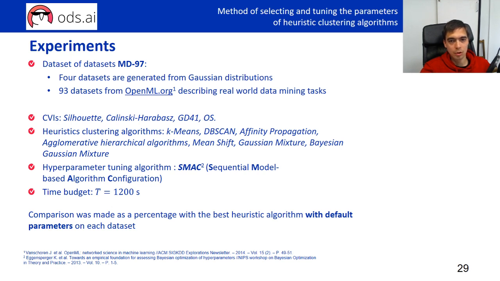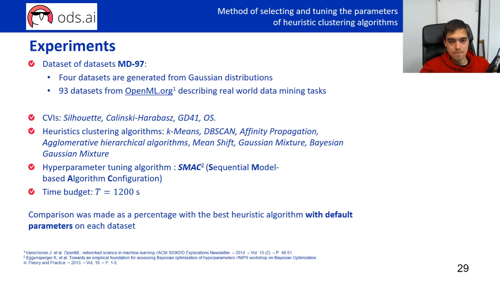The 4 quality measures mentioned earlier were used for the assessment. We also used 7 heuristic clustering algorithms that are listed on the slide. As the hyperparameter tuning algorithm, we chose the SMAC algorithm, that is, sequential model-based algorithm configuration. The time budget was set equal to 1200 seconds for all the experiments.